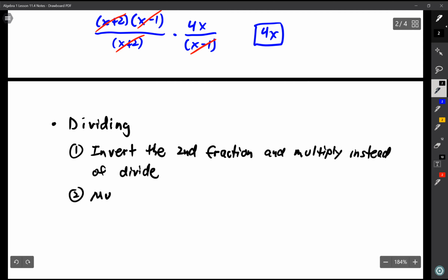Okay, so what's going on with the invert and multiply? Maybe I could explain it like this. If you take a cake and you divide the cake in two, you divide it into two pieces. The other way of looking at what you've just done is you have multiplied the cake by 1/2. Multiplying by a half leaves you with half of a cake.